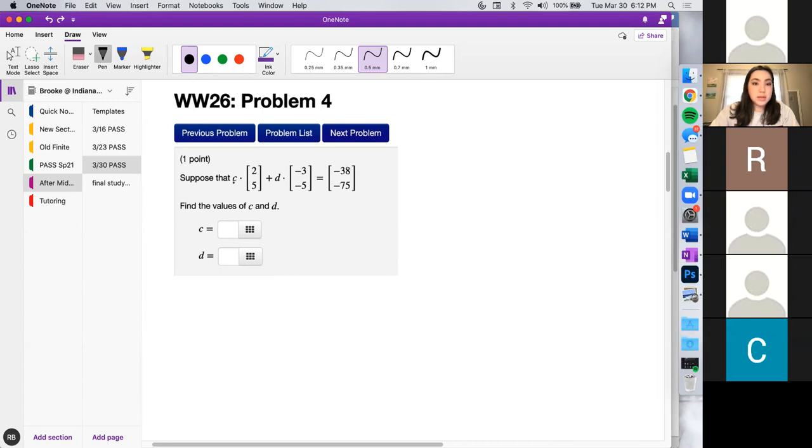I'm going to distribute the C into this matrix, so I'm going to have 2C and 5C, plus. Then let's distribute the D into the next matrix, so I'd have -3D and -5D. And that's going to equal negative 38 and negative 75.